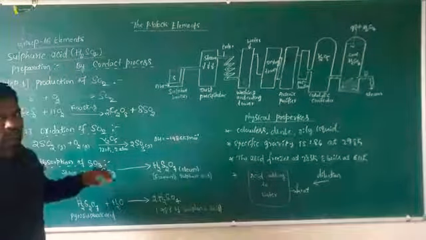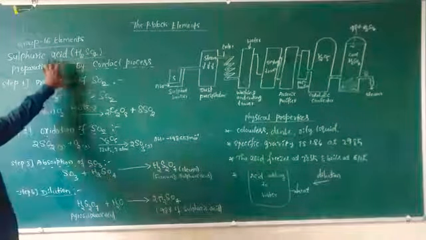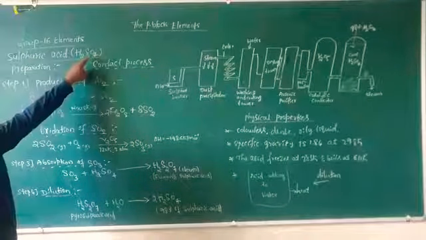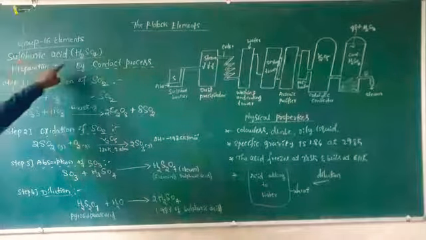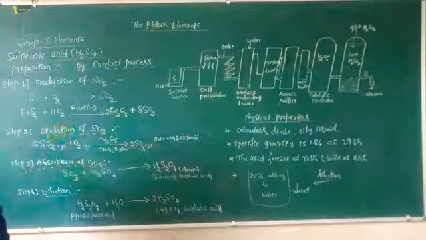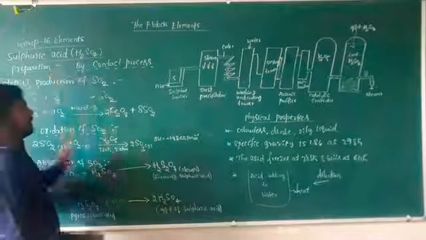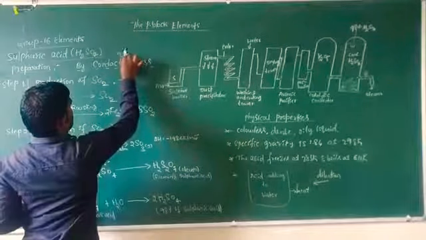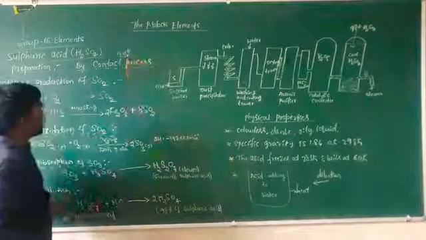Next one, sulfuric acid, formula H2SO4. Preparation or manufacturing of sulfuric acid by the contact process is very important for polymers.